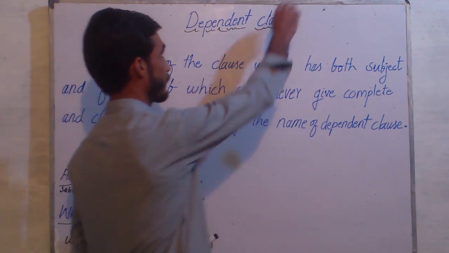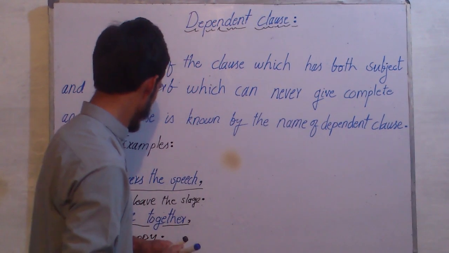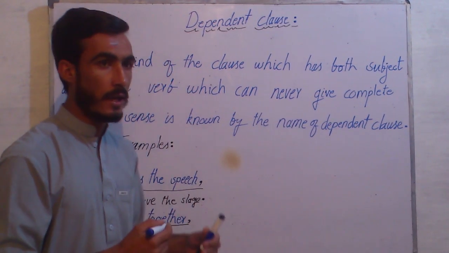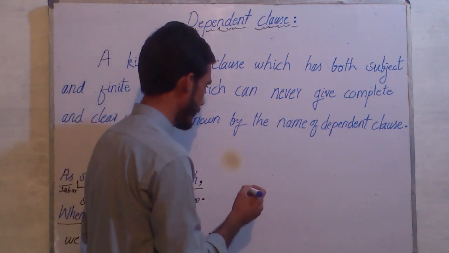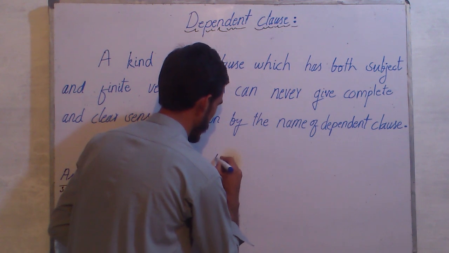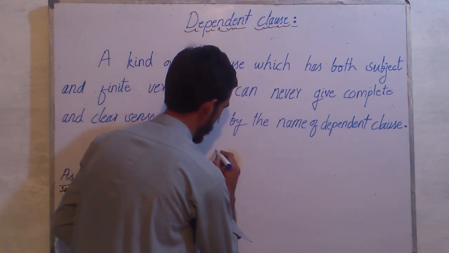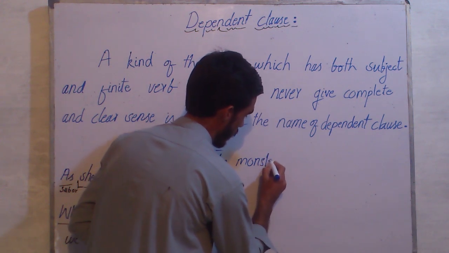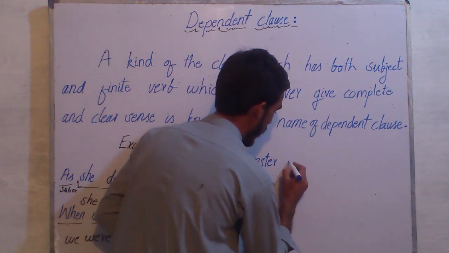And now there is another situation in which we don't put the comma. That is, now let me write that. That is when you put your independent clause in the very starting, such as here we have an example. The monster appeared.